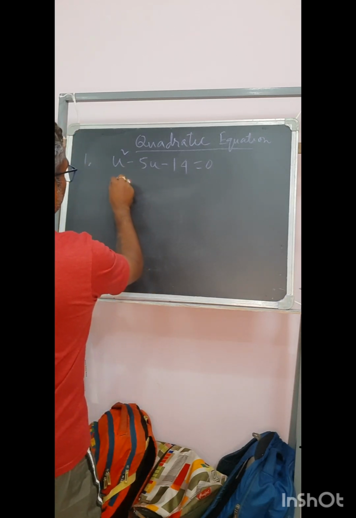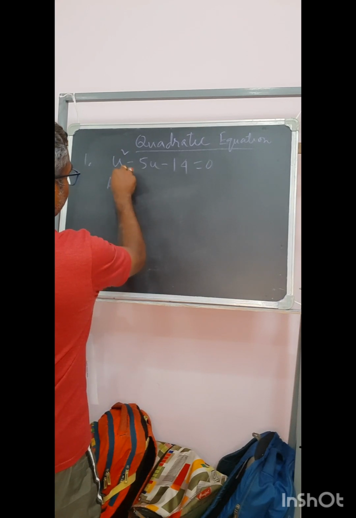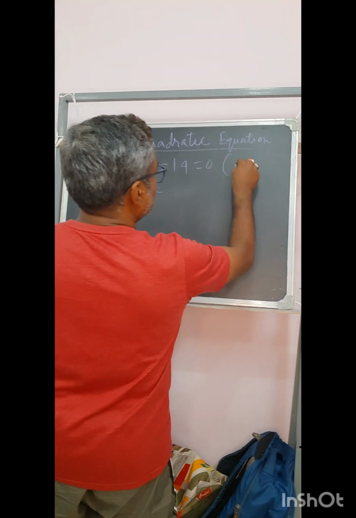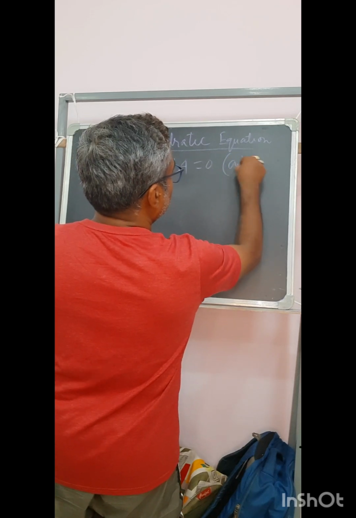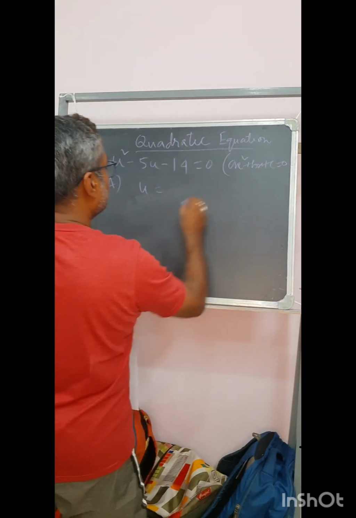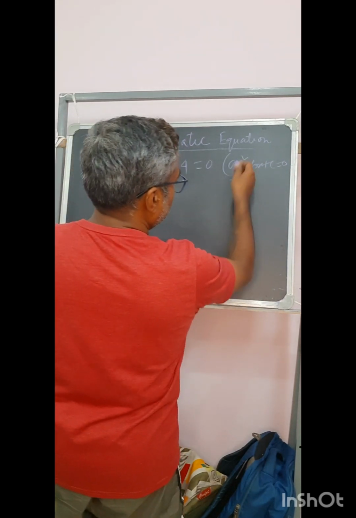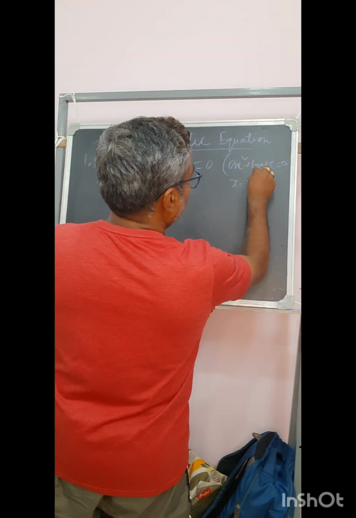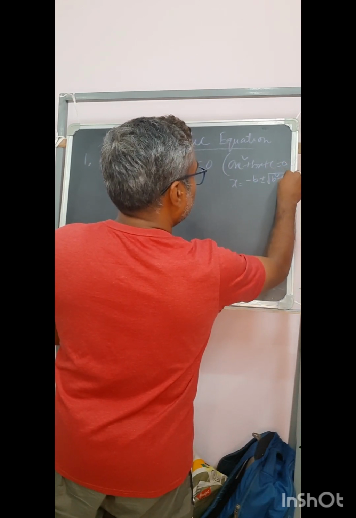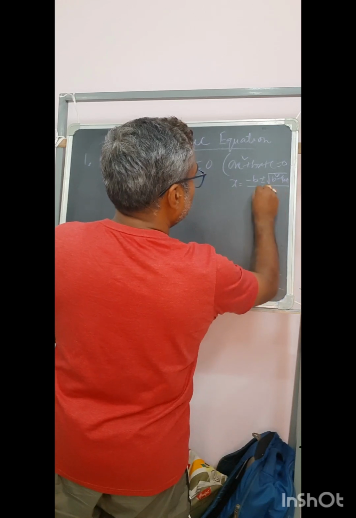One process I have already taught you, that is process A. That is where you compare this equation with ax square plus bx plus c is equal to 0, where your roots are minus b plus minus root over b square minus 4ac by 2a.